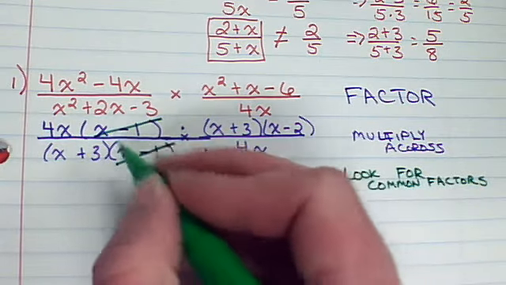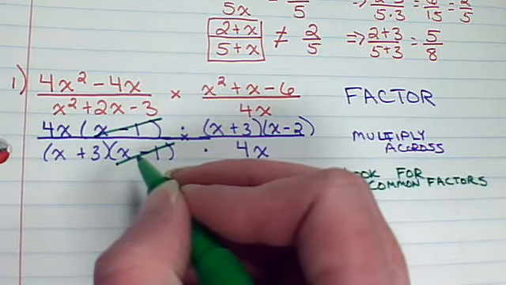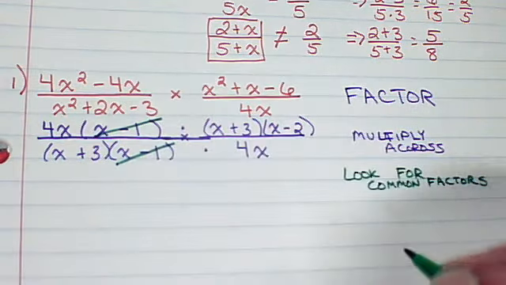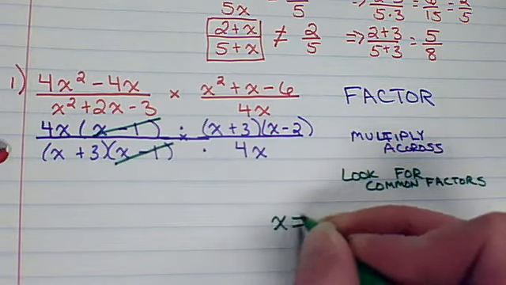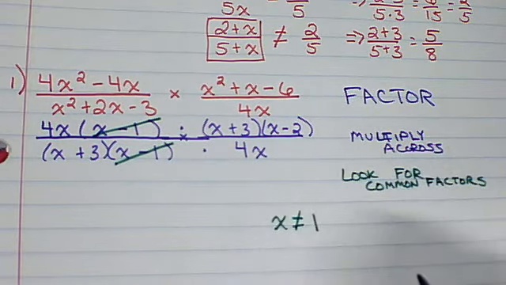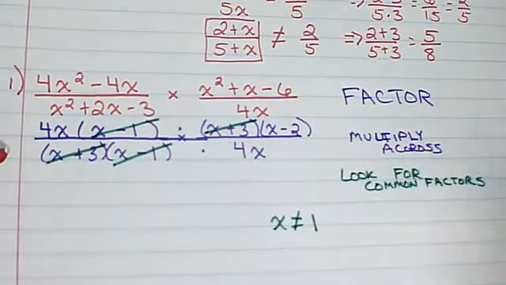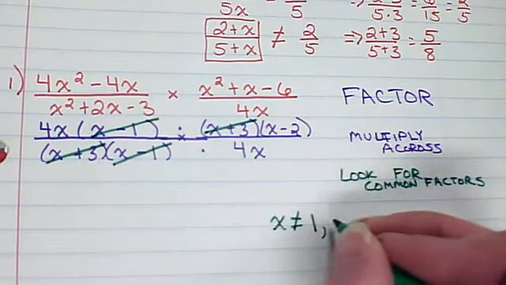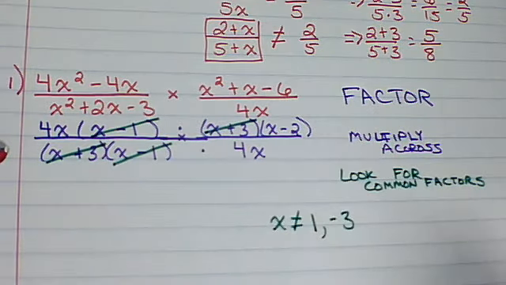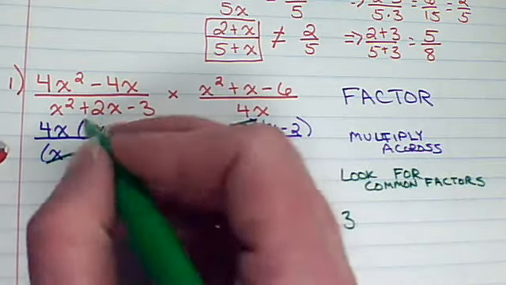Now, we definitely know that there's a hole at 1 because that's the value that makes those 0 over 0. So there would be a note here that x cannot be 1 because it divided out. We have x plus 3 and x plus 3. We have to think about what value would make x plus 3 be 0, and that's negative 3. And if you notice, we also have 4x and 4x are matching.